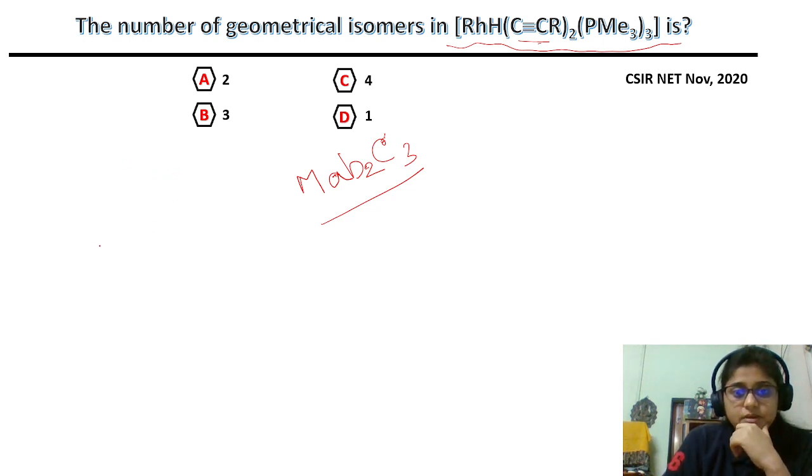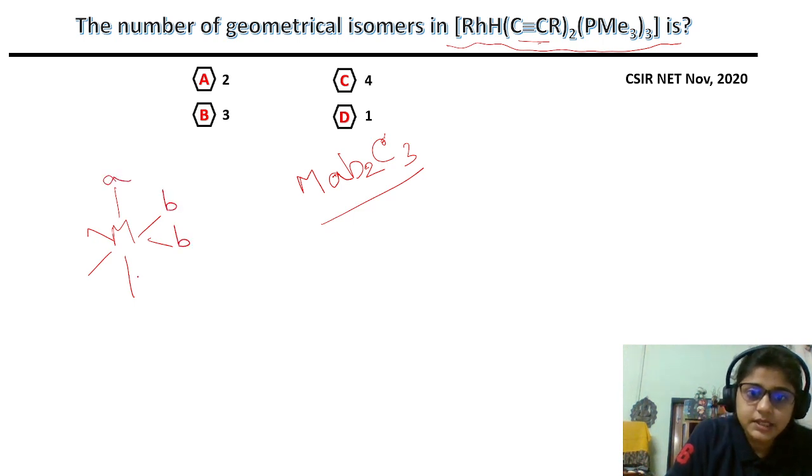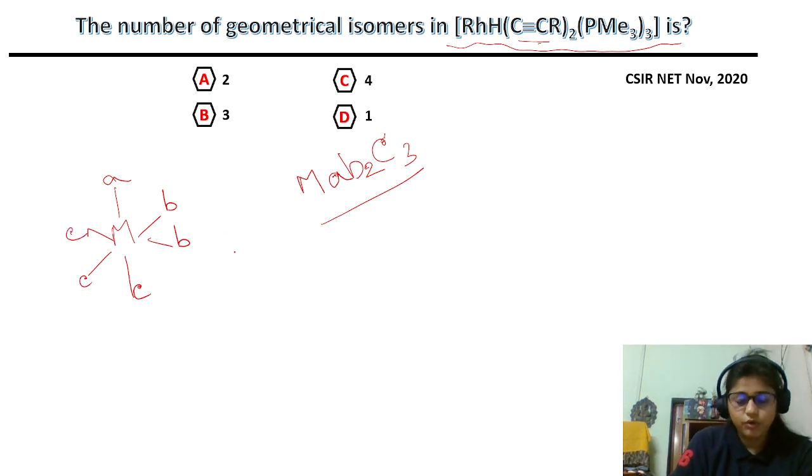So now we are trying to draw the structures. Okay, many structures will be possible, I think. Okay, let's see. M A B B C C C. Okay, so here A C are trans, B B are cis, C C are cis.